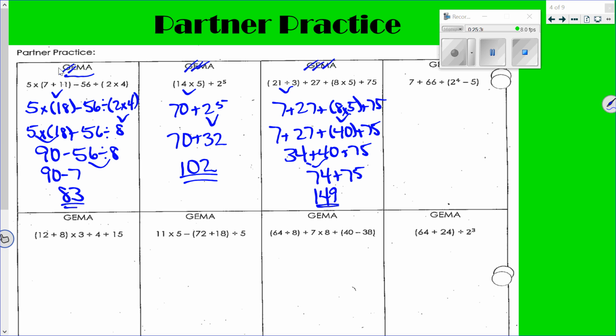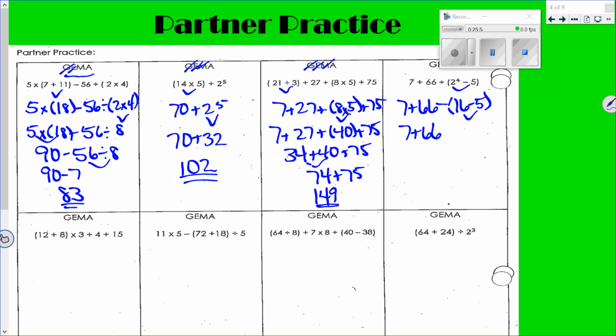Next up, we have again a grouping. Within the groupings, we follow order of operations, meaning that I'm going to do my exponent first. So 7 plus 66, 2 to the 4th power is 16 minus 5. I still have a grouping to get rid of and consolidate. 76, oh, that's a divided by, not a plus.